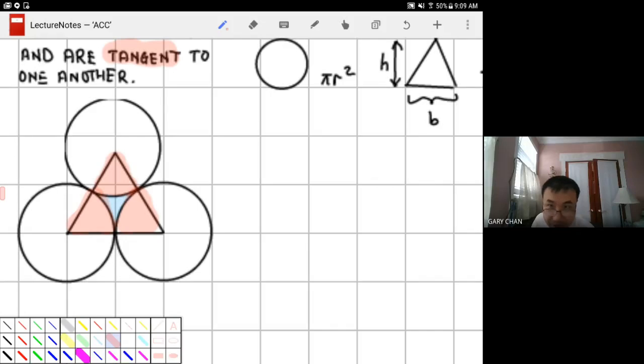Are we all clear with the strategy at this point? One more time, we need to find the area of the triangle.